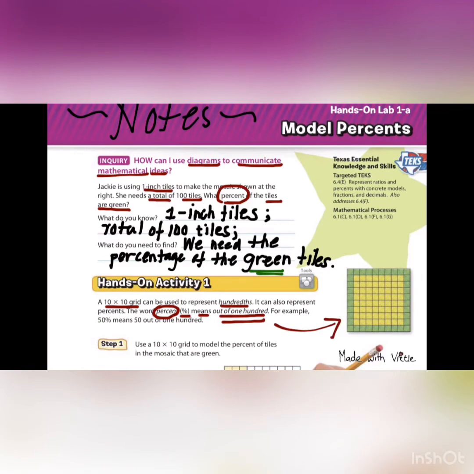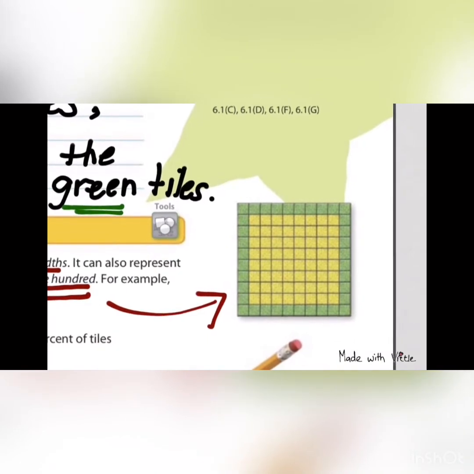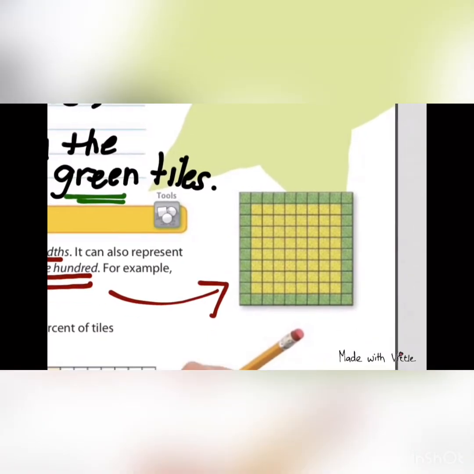Now let's look at the hundreds grids closely and try to count the ones that are green. This is 1, 2, 3, 4, 5, 6, 7, 8, 9, 10. I'll continue counting down here on the right side. This is 1, 2, 3, 4, 5, 6, 7, 8, 9.